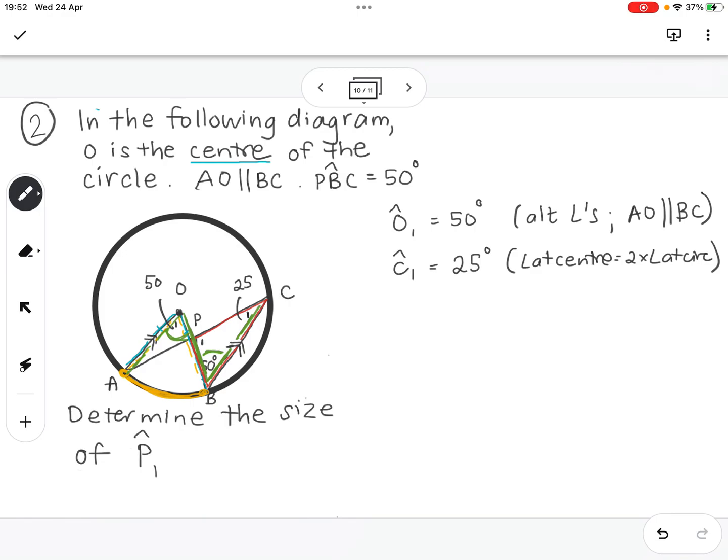So P1 will be the balance of the 180. So P1 will be equal to 180 minus 50 minus 25 because of sum of angles in a triangle. And 180 minus 50 minus 25 is equal to 105. So therefore angle P1 is 105 degrees.